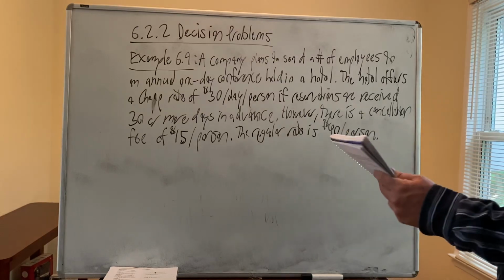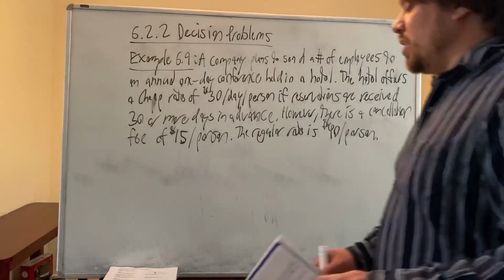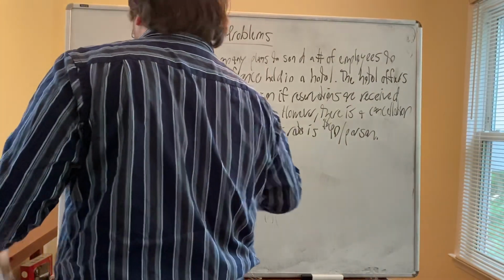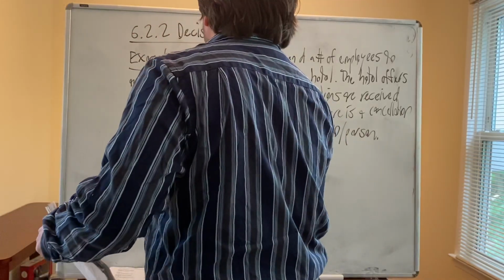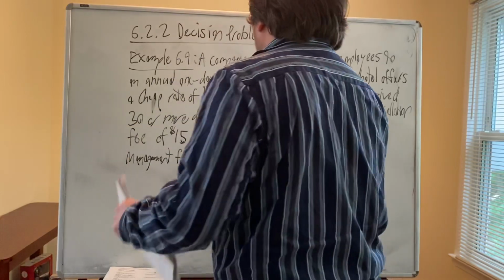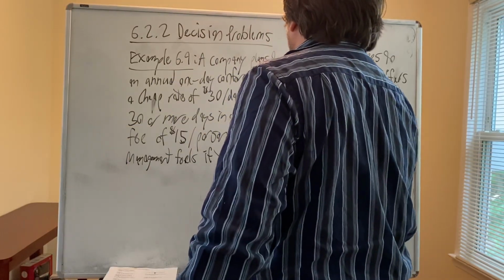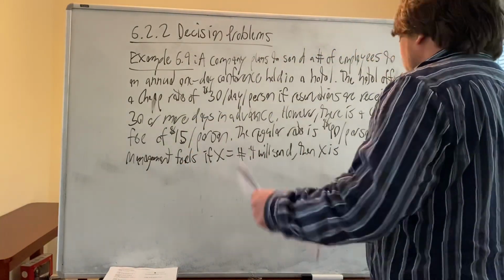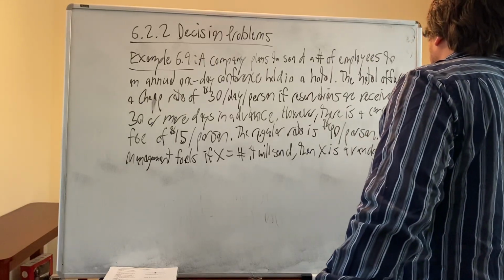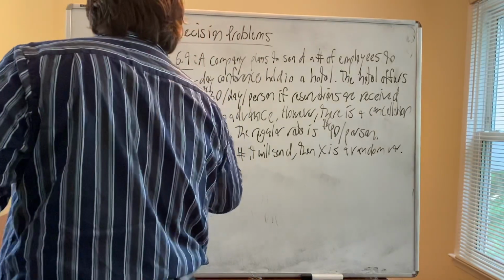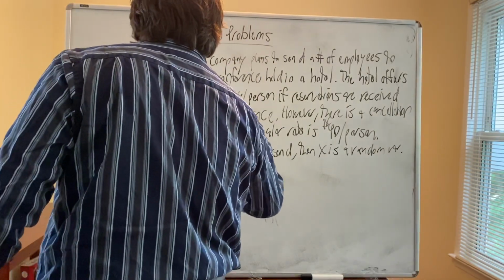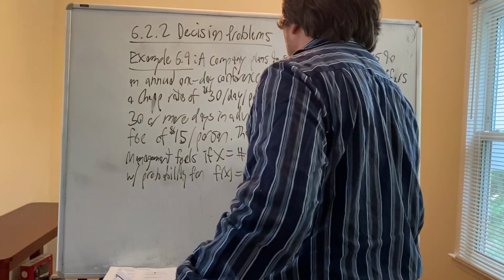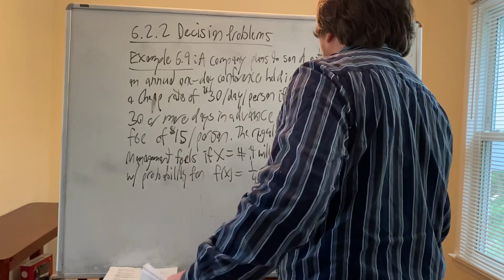Okay, so the company's not sure how many it's going to send. Management feels if capital X is the number it will send, then capital X is a random variable with probability function f of x is equal to 1/4 for x is equal to 4, 5, 6, or 7.